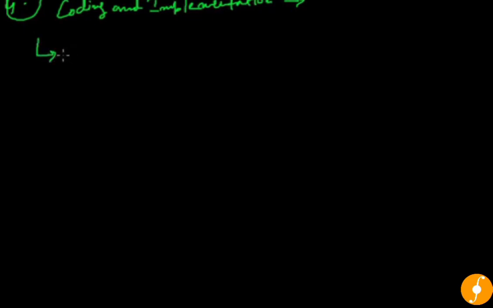We'll see the last one, the fourth one, which is very important: coding and implementation. Throughout the steps from one to three, we understood the problem, we have the roadmap ready, and we have also found the different steps and procedures to solve the problem.